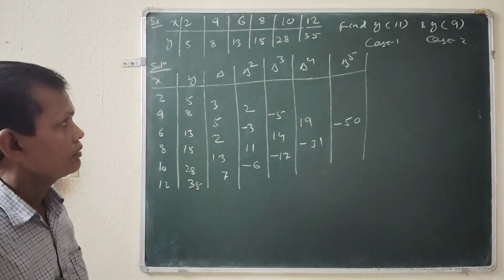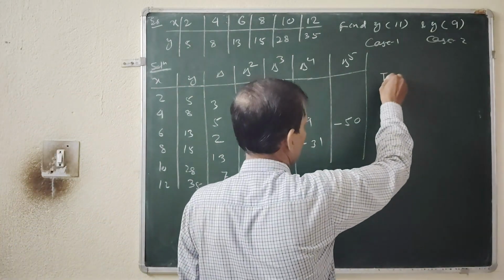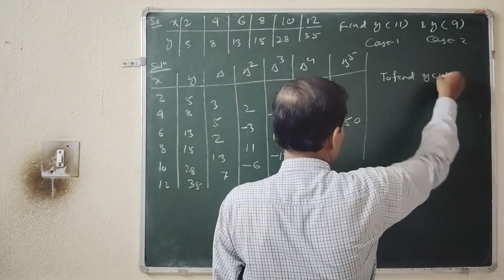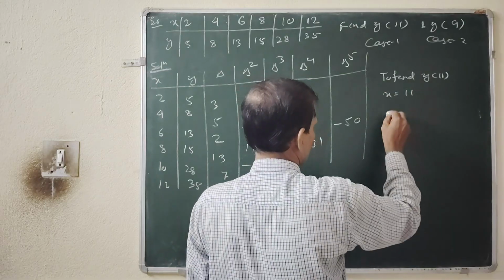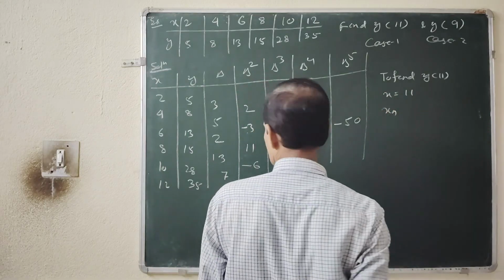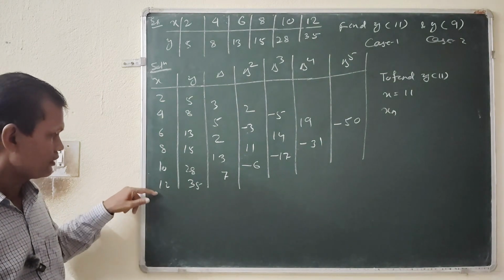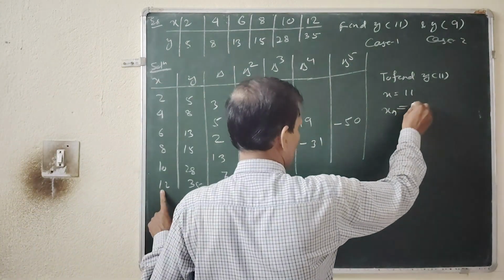Now we have to find out y11. To find y11, that means x is equal to 11. What is xn? You see, x is here, so after that is 12, so xn is 12.